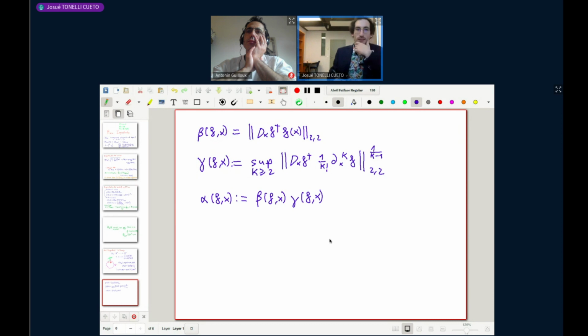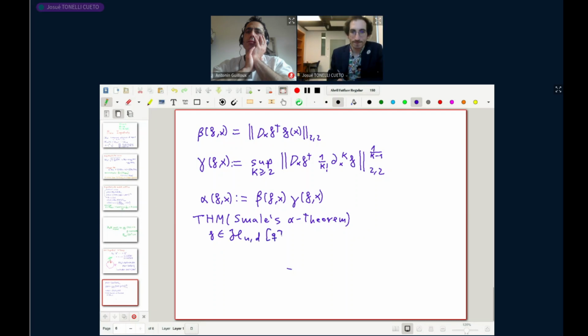So then the usual theorem, this is Smale's alpha theorem. It is essentially the following one. So we have this here, blah, blah, blah. We have a point in the sphere.